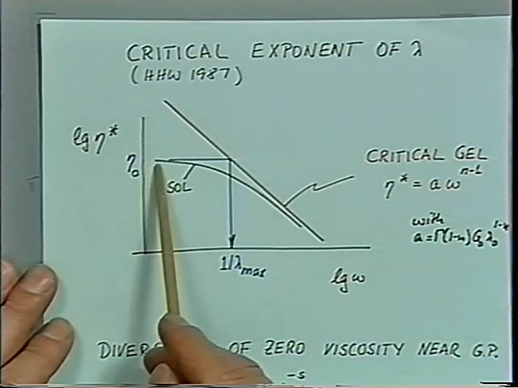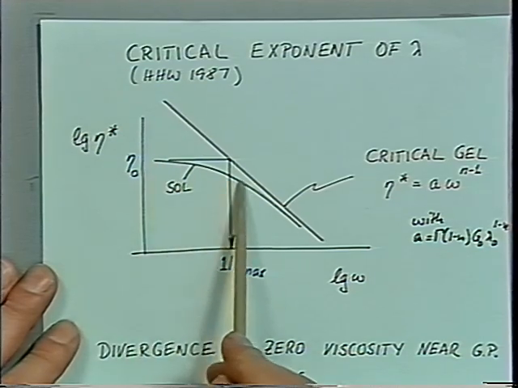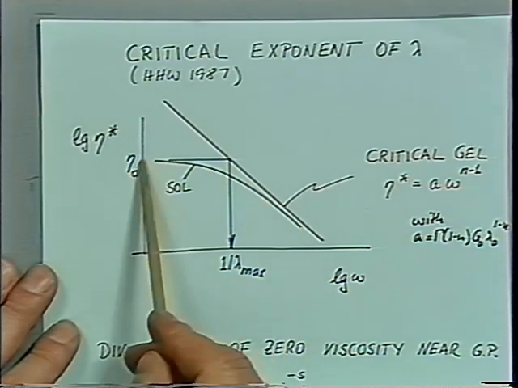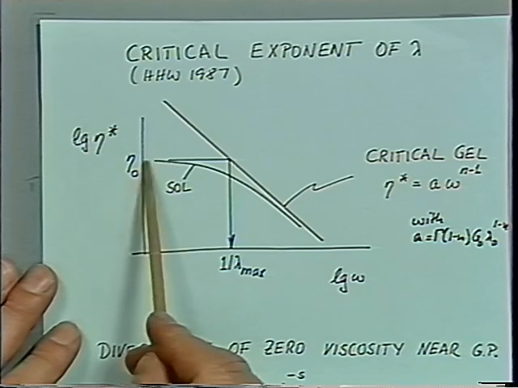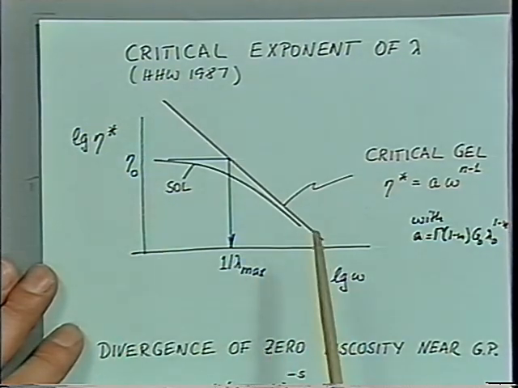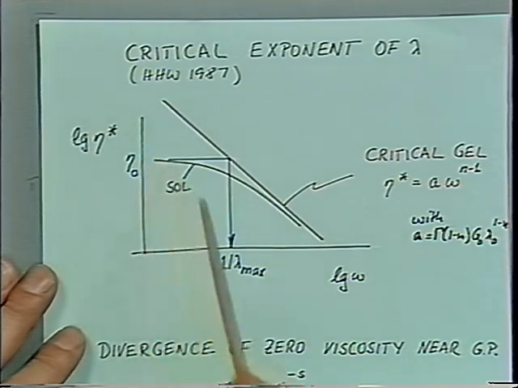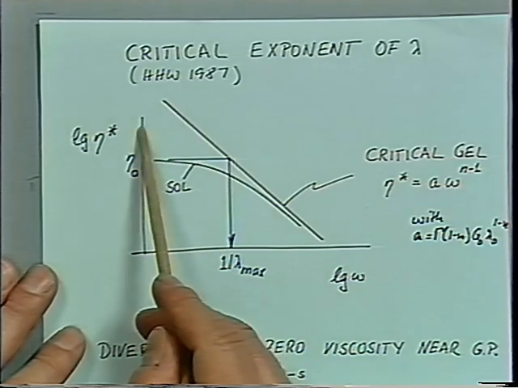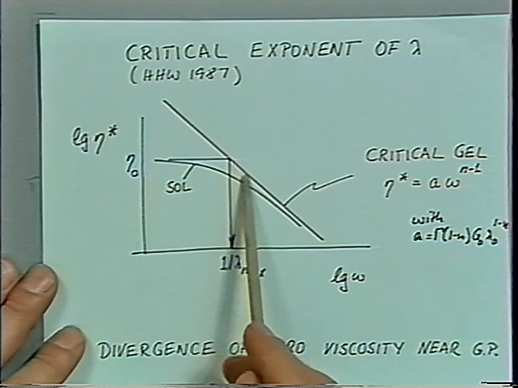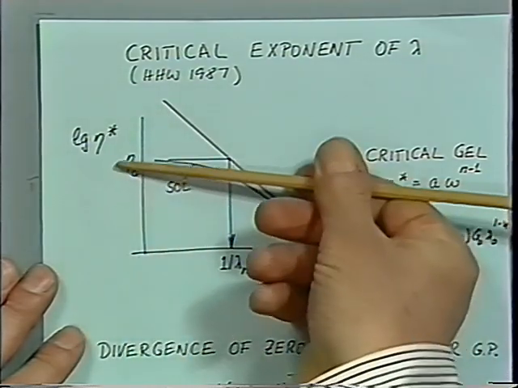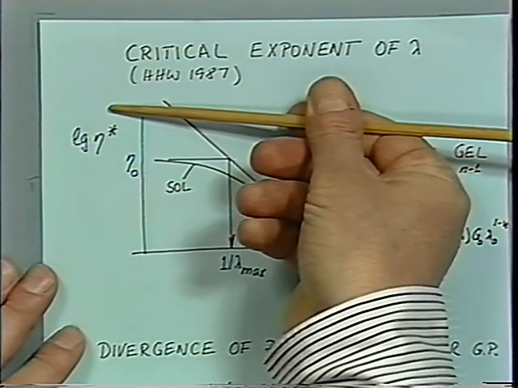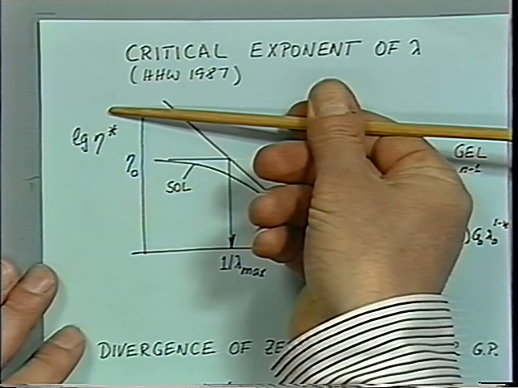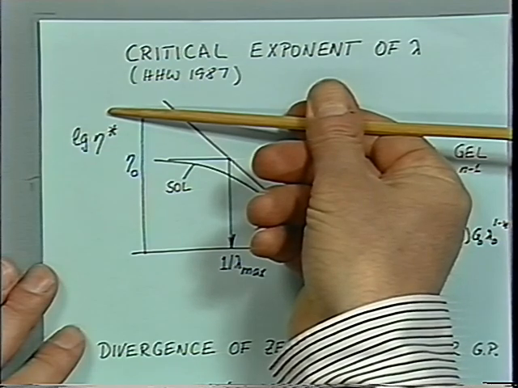We take the viscosity of the sol, the material before the gel point, and the terminal zone is given by the zero viscosity here. Now, with increasing extent of reaction, this zero viscosity will increase, and you will have a high level, and then it will go down like this, and it will become higher and higher. So this growing viscosity is a measure of increasing extent of reaction.